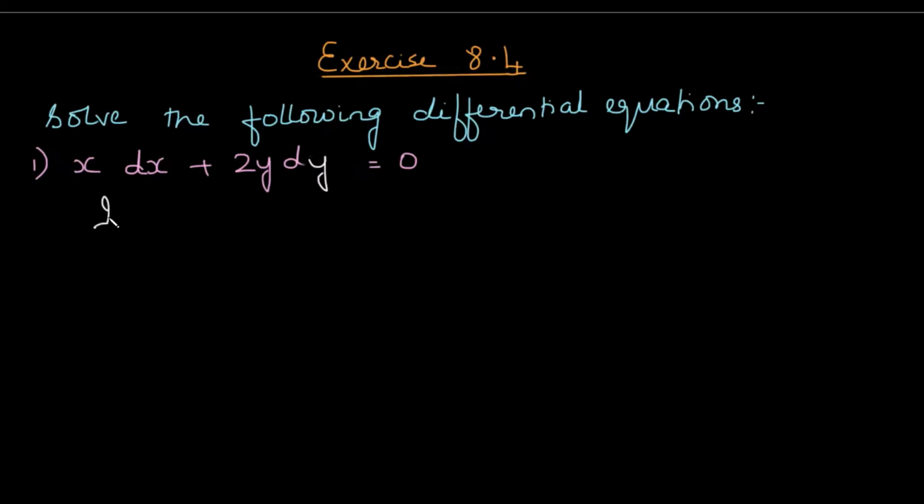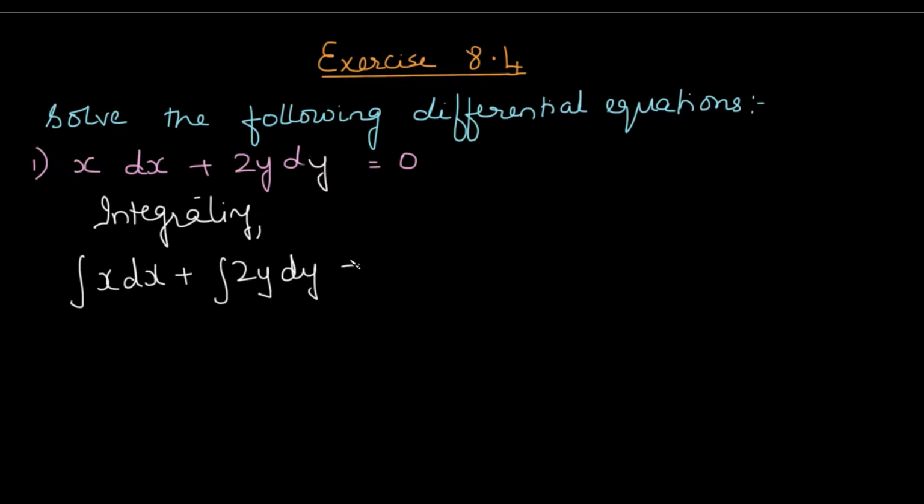So integrating, we get integral x dx plus integral 2y dy. It is customary to put c over here, so c is equal to integral of 0, which is 0 itself.